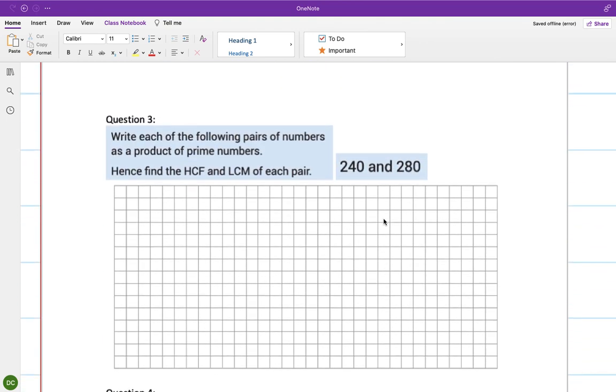Write each of the following pairs of numbers as a product of prime factors and hence find the HCF and the LCM. Okay, so the first thing here is prime numbers because you need them to divide.